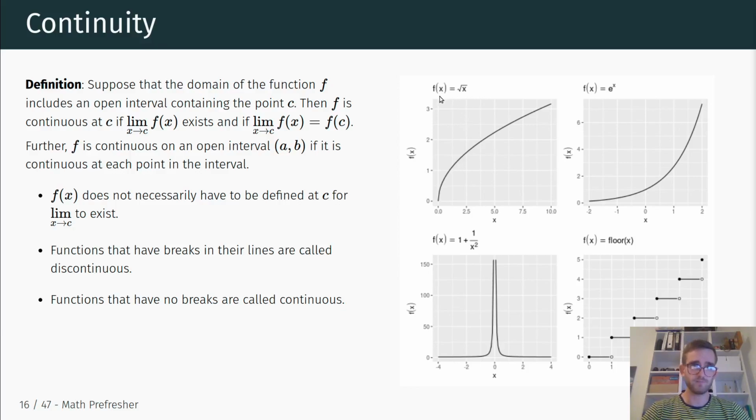So f of x equals square root of x, of course, is only defined for x larger or equal than 0, because you can't take the square root of a negative number. But nevertheless, for the domain of x larger or equal to 0, this function is continuous, because at every point there's no break, or in other words, the function is defined at any point c and is equal to the limit of f of x approaching c.